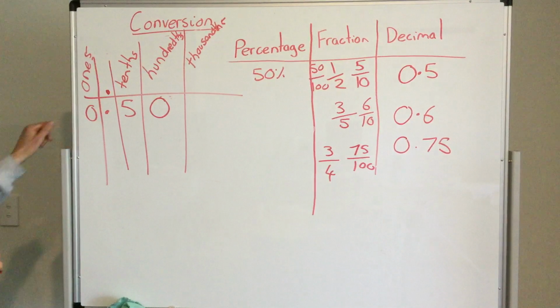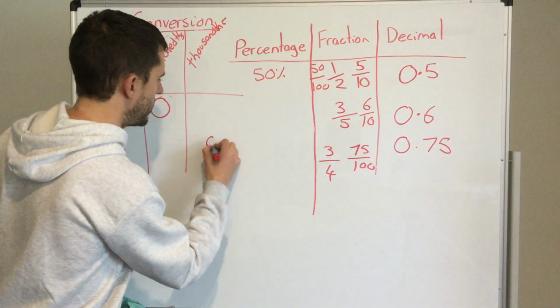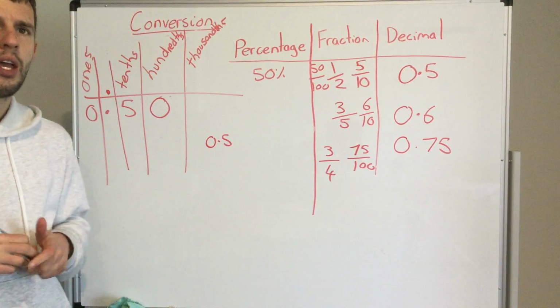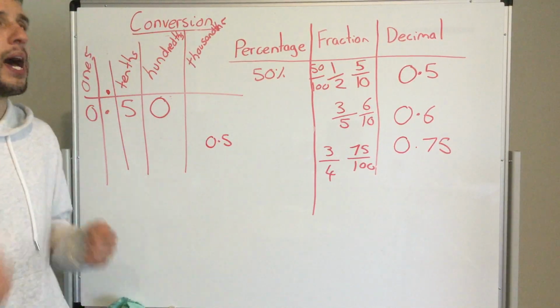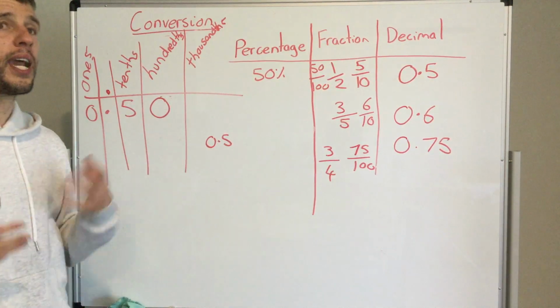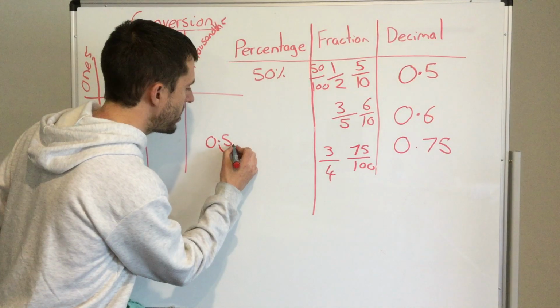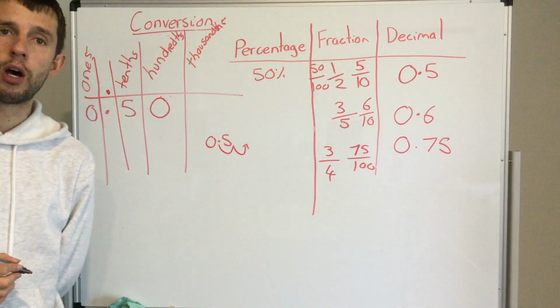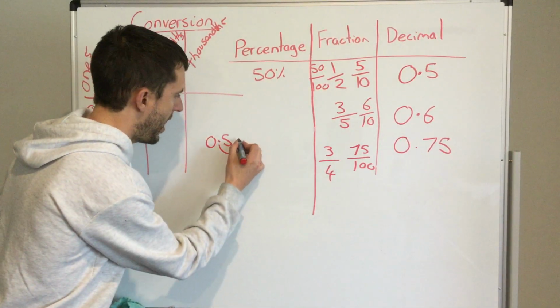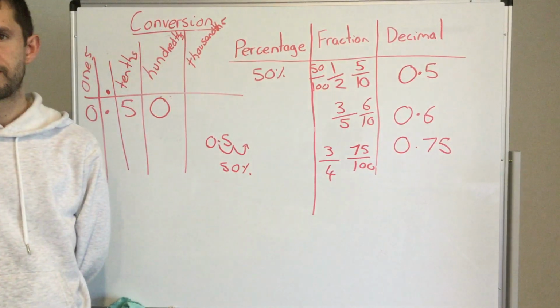If we don't know that, then another way we can look at it is 0.5. We're multiplying it by 100, so we're getting 100 times bigger. To get 100 times bigger, we are moving the decimal place two spots to become 50%.